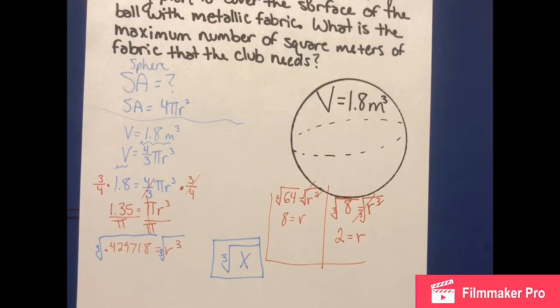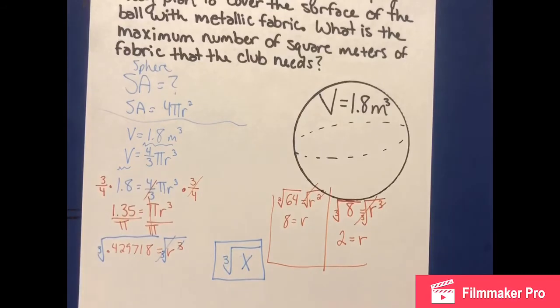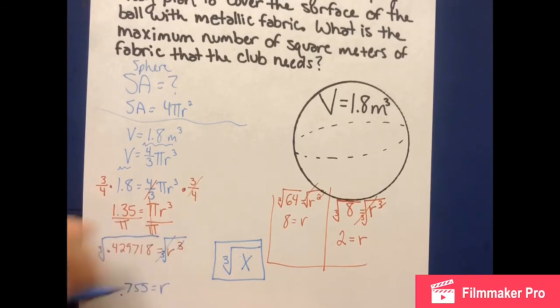If I'm correct, on the actual graphing calculators, you have to hit into math first and then get it from there. But most of you are probably using the Desmos or your phone. So that's what we get here. These cancel out, leaving you with 0.755 equals radius. I just kept 2 or 3 decimals.